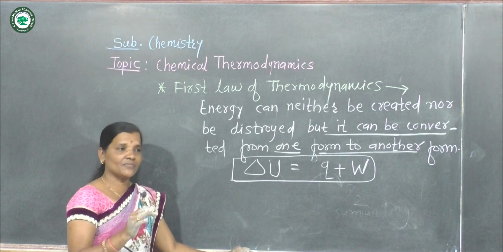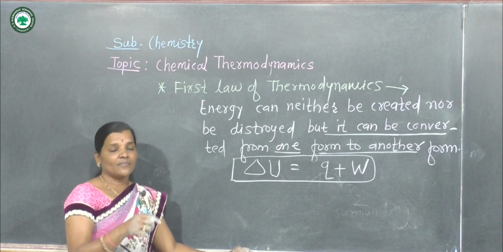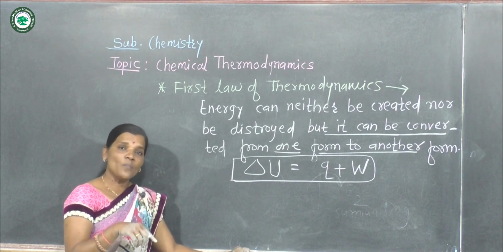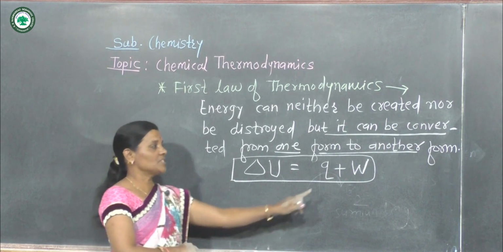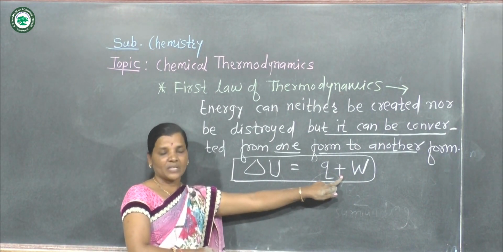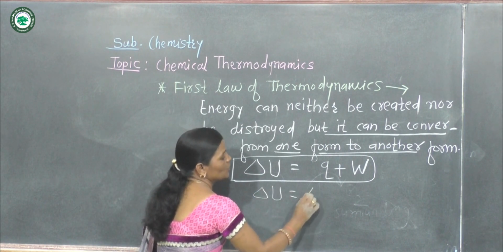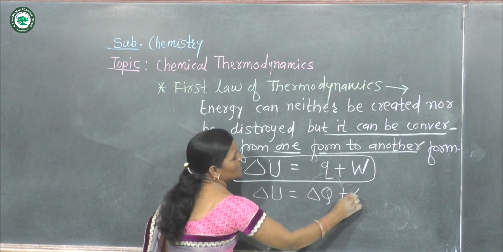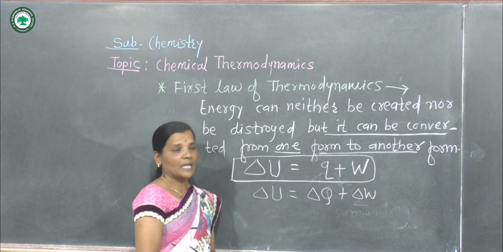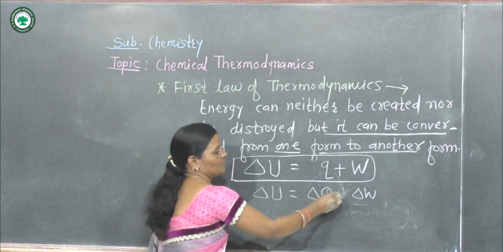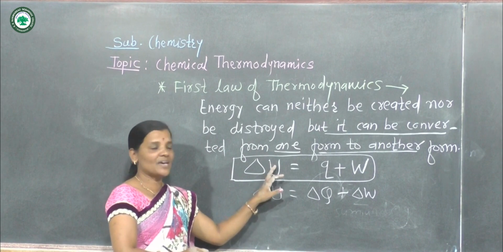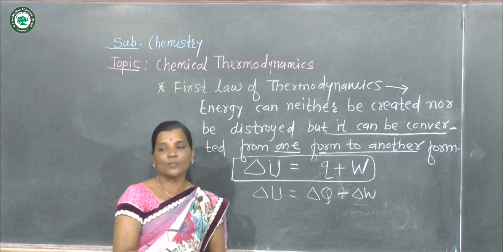Now one thing is very important. If we see the first law of thermodynamics according to physics, there is a minus sign. In physics, we write delta U is equal to delta Q minus delta W. But in chemistry we use delta U is equal to Q plus W. Why?